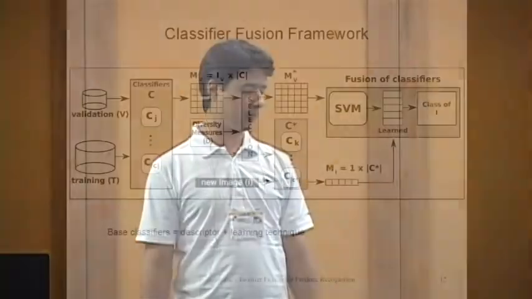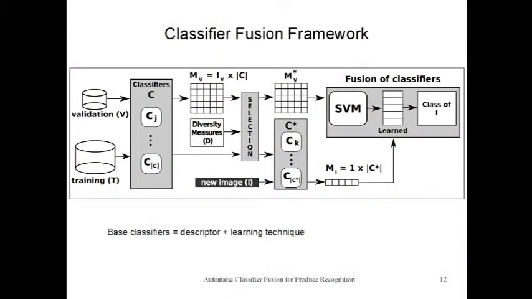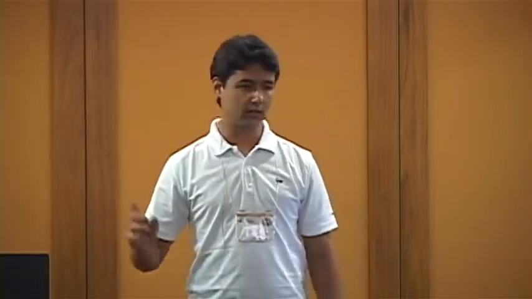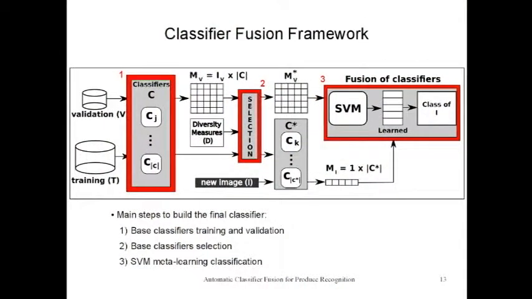This is the proposed classifier fusion framework. In this work, we use the idea we call basic classifiers, the couple descriptor plus learning technique. To build the final classifier, the framework is composed of 3 main steps.